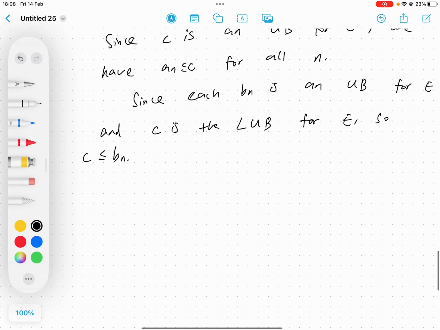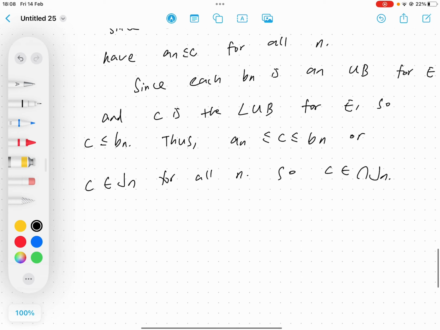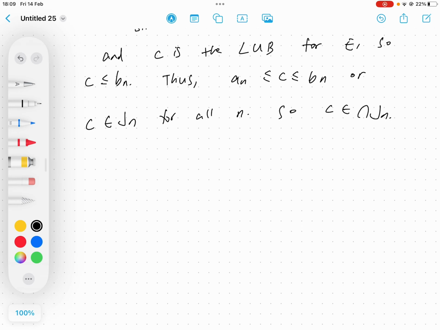Therefore we can conclude that An is less than or equal to C less than or equal to Bn, or C is in Jn for all n's. Okay, and so we know that C is an element of the intersection of Jn.